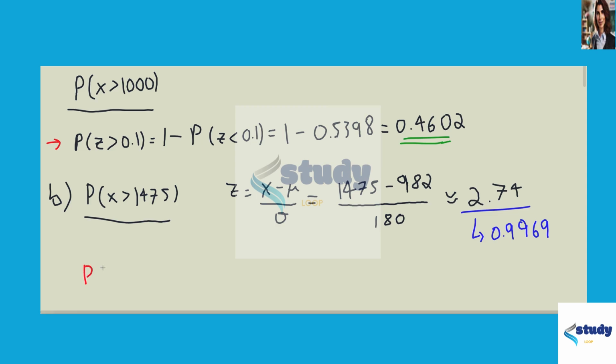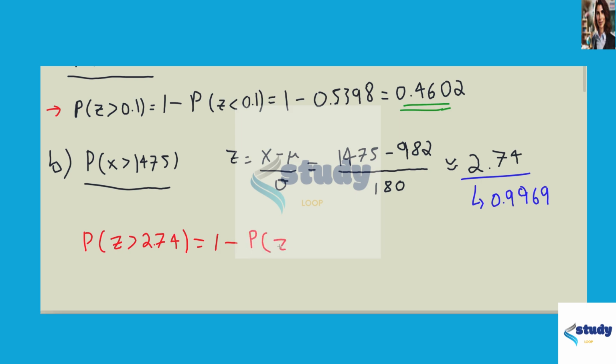So it's the probability that z is greater than 2.74, which is the z value associated with this, is equal to 1 minus the probability that z is less than 2.74, which is equal to 1 minus this value, 0.9969, which is equal to 0.0031. And that's again our final answer for B.